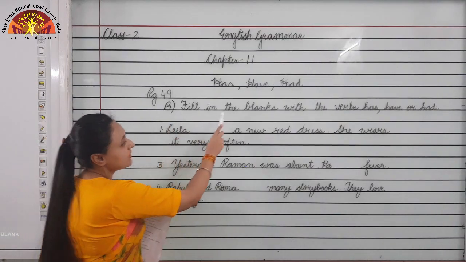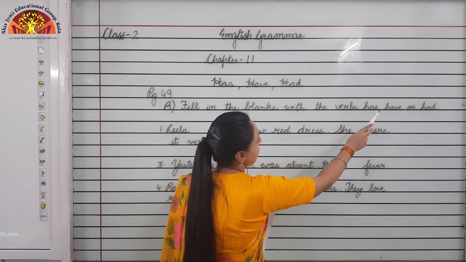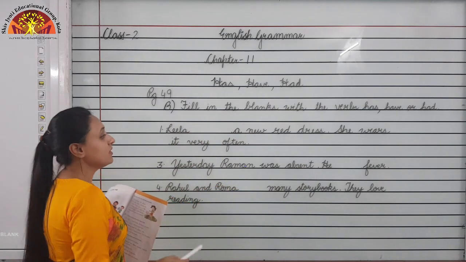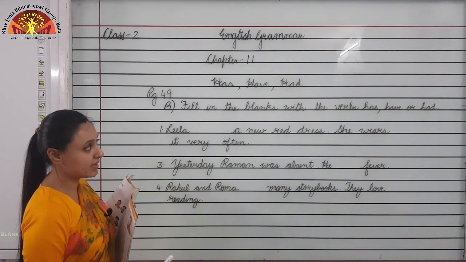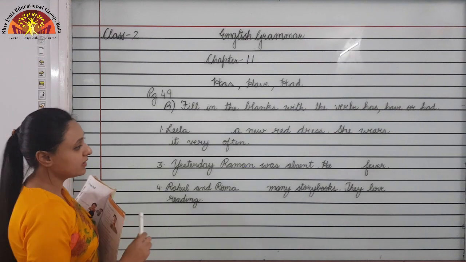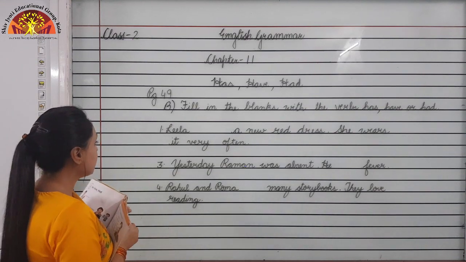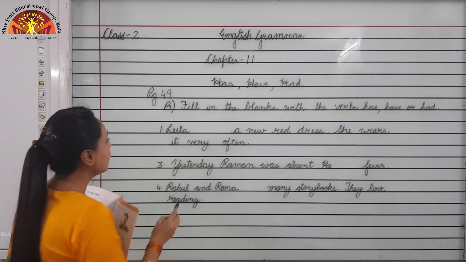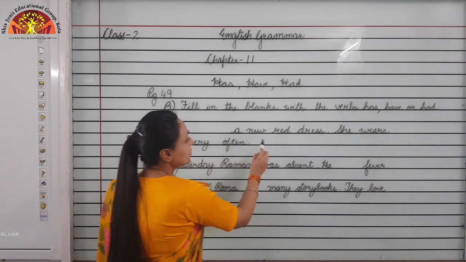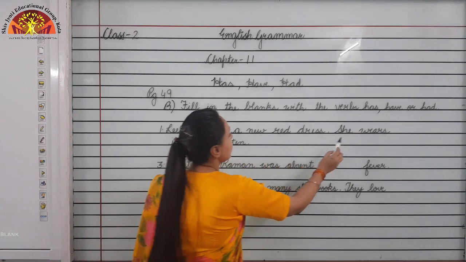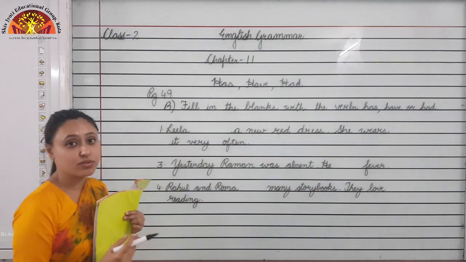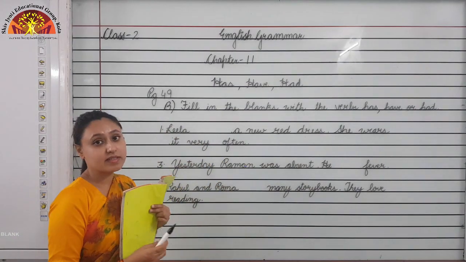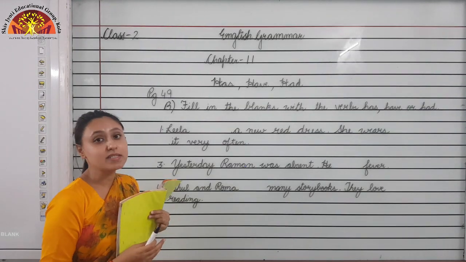Question B, fill in the blanks with the verbs has, have or had. So children, some sentences are given to you. You have to choose the correct verb here and fill in the blanks. Okay, let's read the first one. Leela dash a new red dress. She wears it very often. So first we have to identify whether it is present tense or past tense.